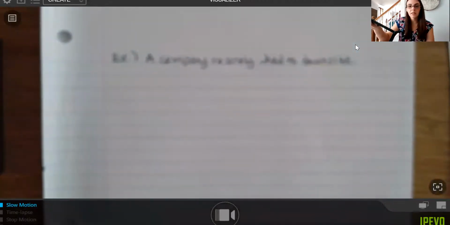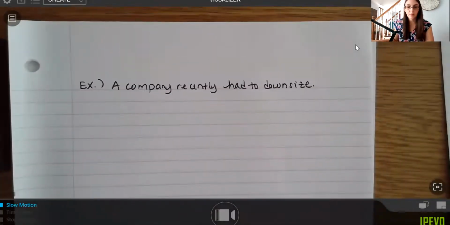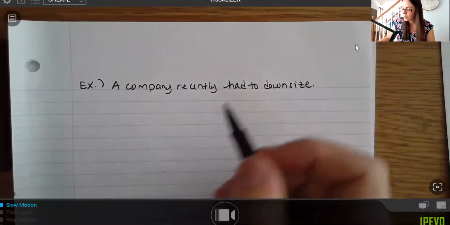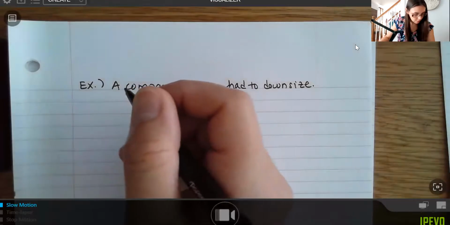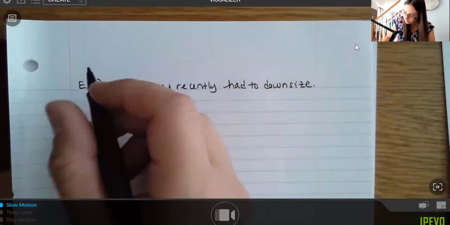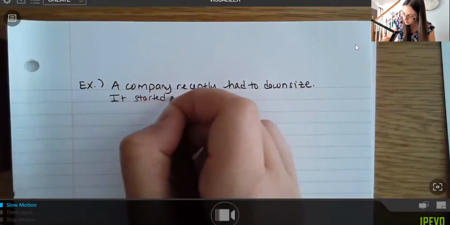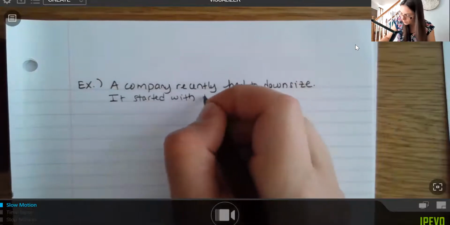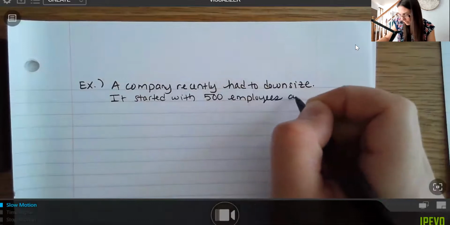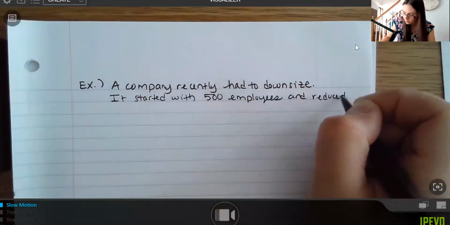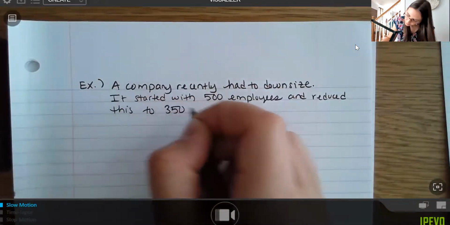So a company recently had to downsize, and I think this was a common occurrence for many companies with the pandemic, unfortunately. So a company recently had to downsize. It started with 500 employees and reduced this to 350 employees.